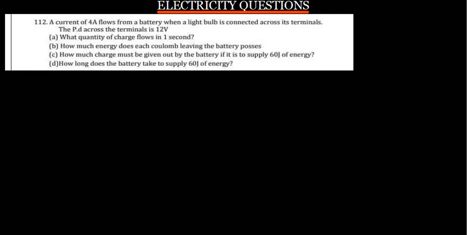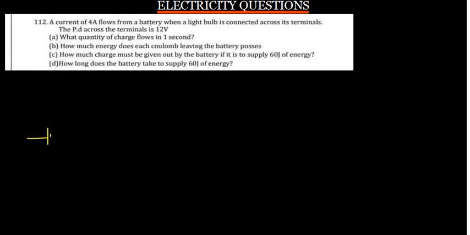Okay, so let's start from the first one. Just to understand: a current of 4 amps flows from a battery when a light bulb is connected across its terminals. So you can even make a picture.